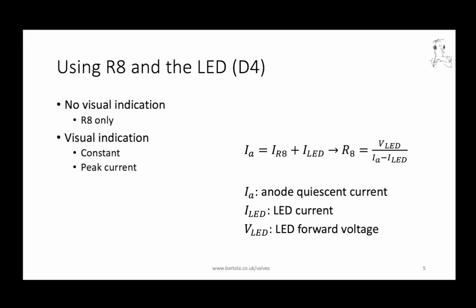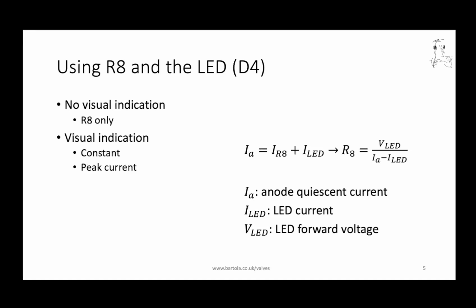So the current through the anode is the sum of those two currents, the current through the resistor R8 and the current through the LED. If we rearrange, you can derive that the resistor value would be the voltage of the LED divided by the anode current minus the current through the LED. So that's basically how you do it.